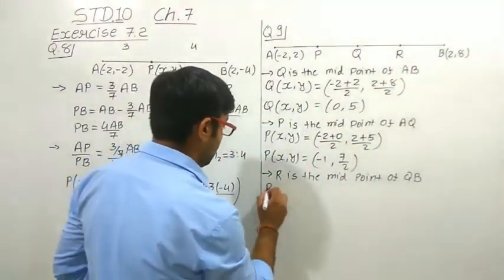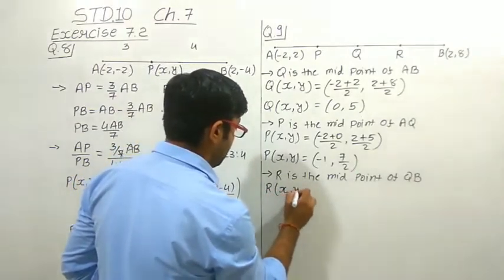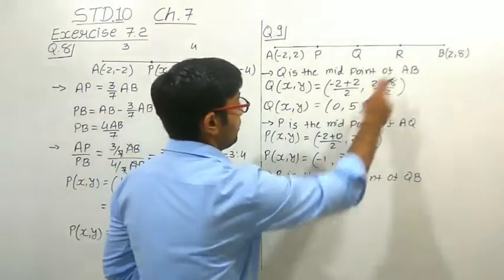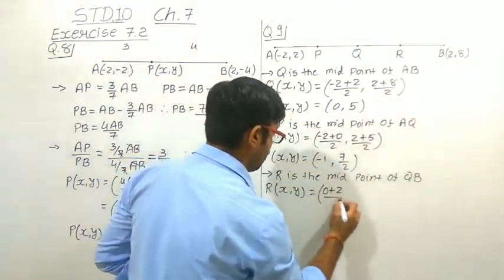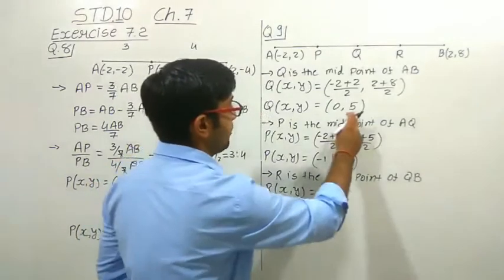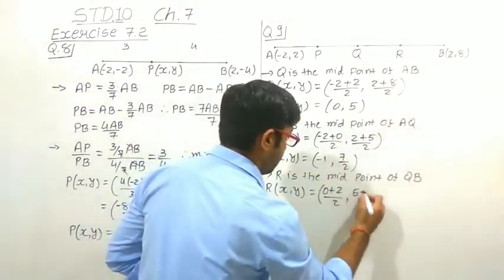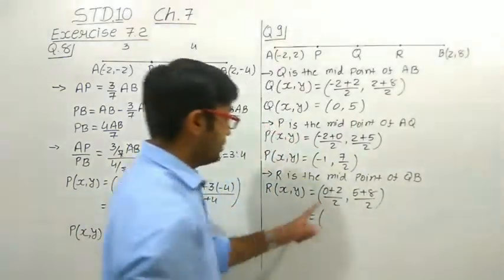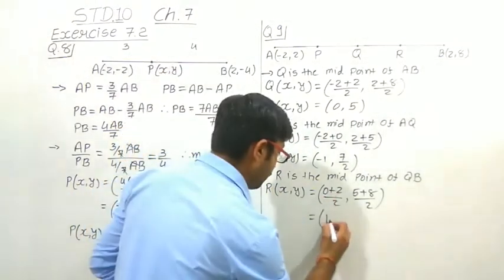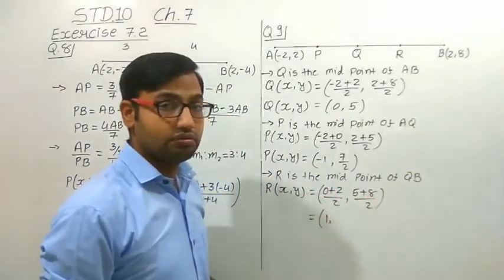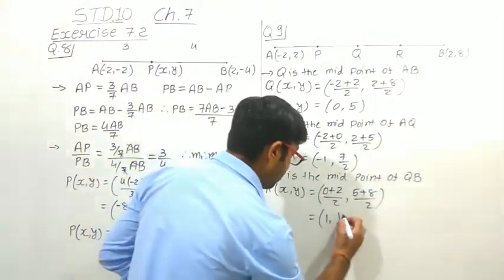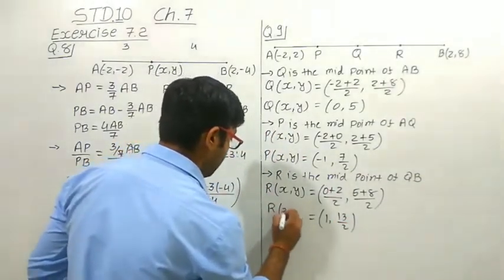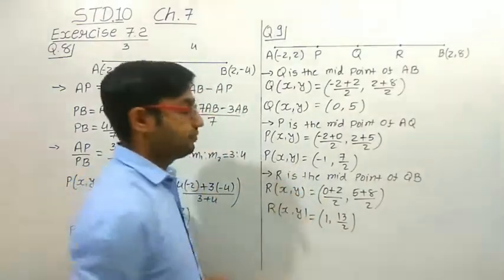Let's suppose its coordinates are x, y, that is equal to 0 plus 2 upon 2 and 5 plus 8 upon 2, right? So 0 plus 2 is 2, and 2 upon 2 is 1. 8 plus 5 is 13, so 13 upon 2. So this is the coordinate of the point R.